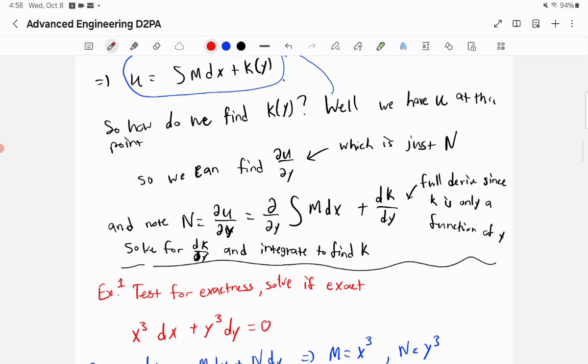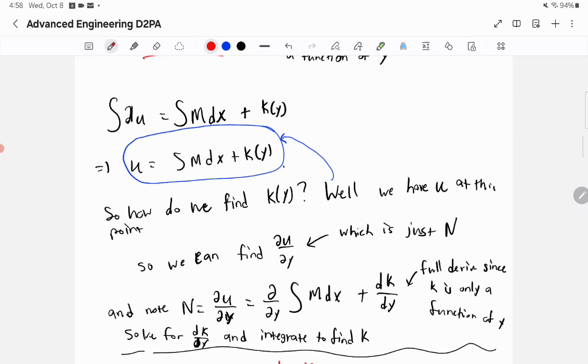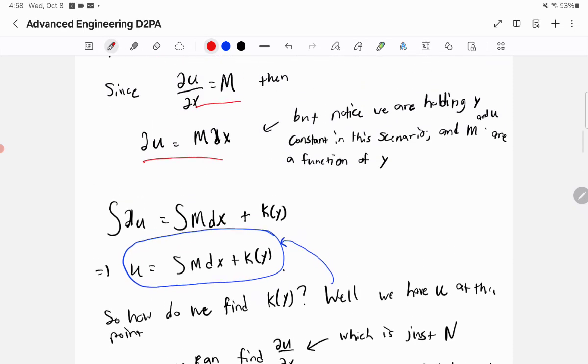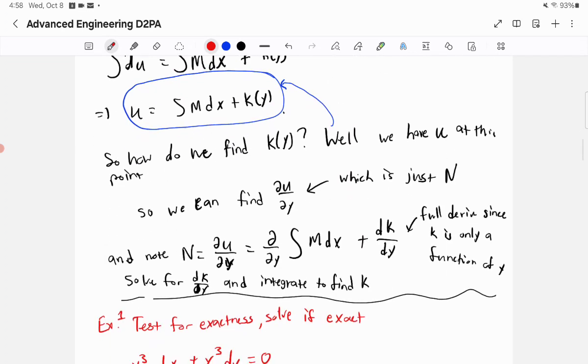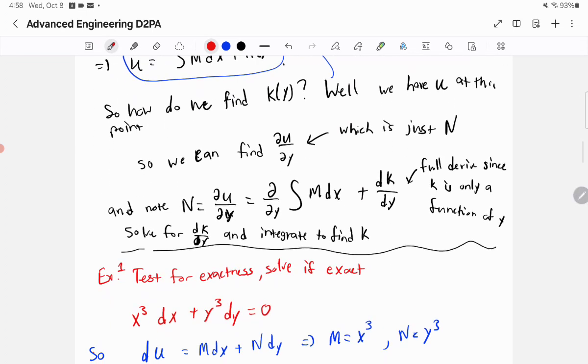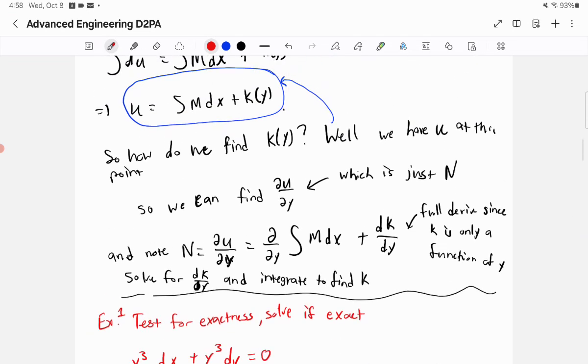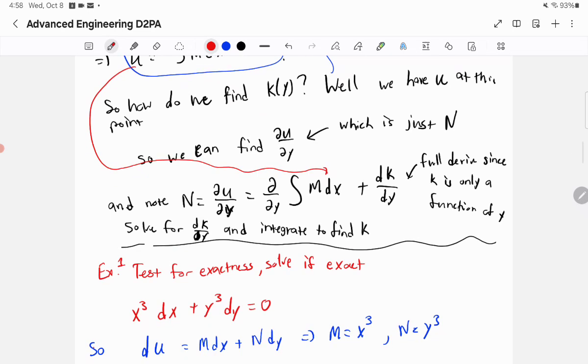Similarly, we can use N, because we know N is equal to du/dy. So we can integrate this, we can use this already used fact down here, and we can find the implicit version of the function this way.